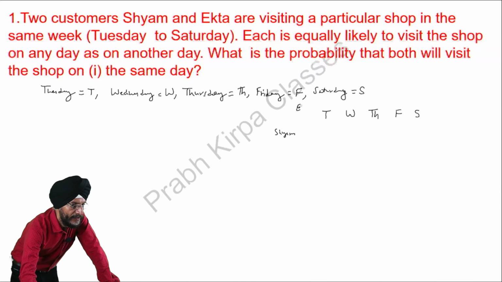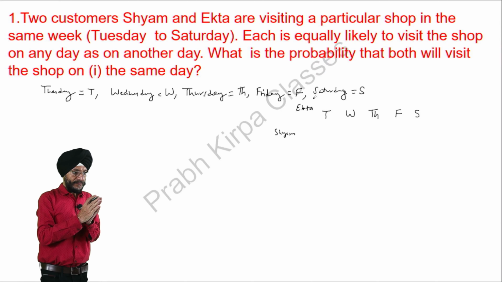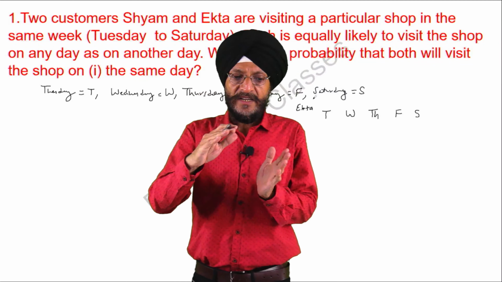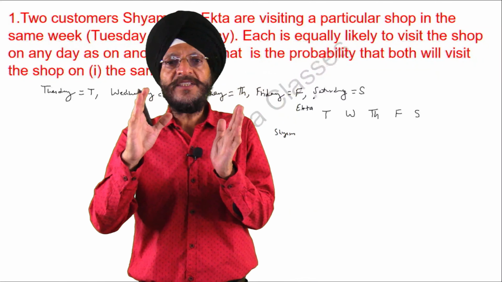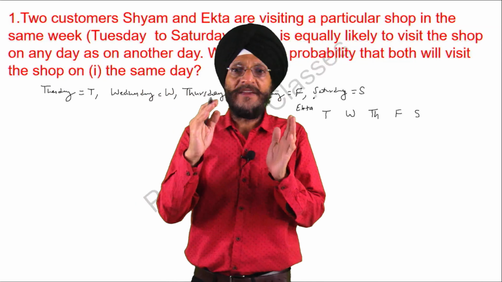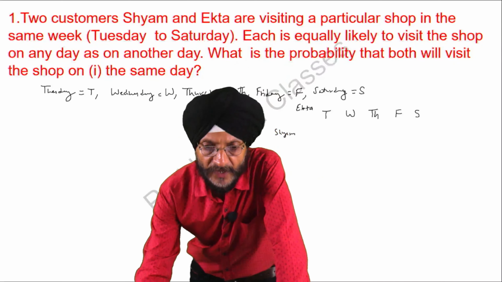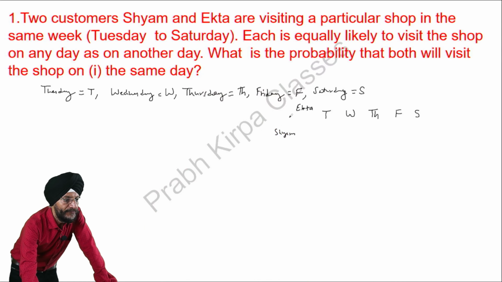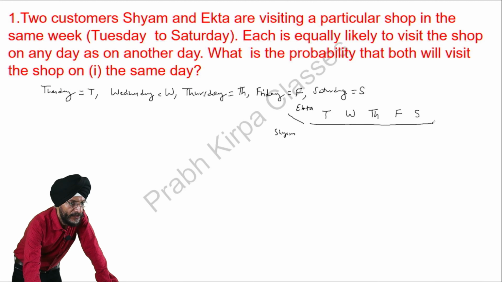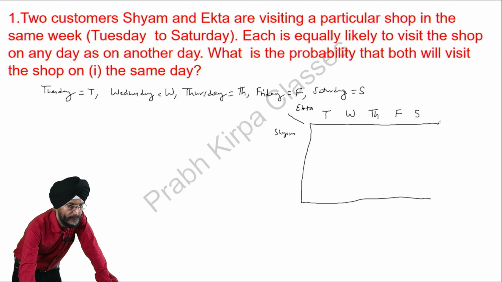So here we will write Shyam. Here we are calculating the possible outcomes, that is, what are the chances that they will visit the shop on the same day? To calculate this, we have to arrive at the total number of outcomes, and after that we will find out the favorable outcomes. For that purpose we have to form a table. This is Shyam.